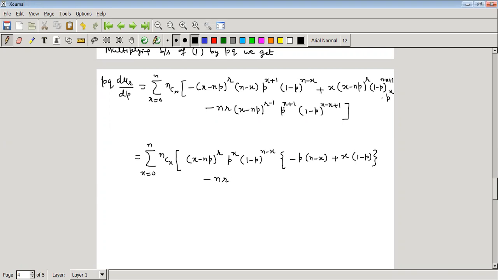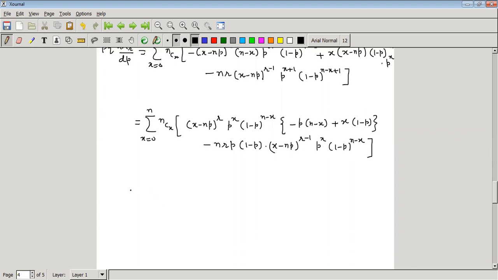We can split p to power x plus 1 as p to power x into p, and (1 minus p) to power n minus x plus 1 as (1 minus p) to power n minus x into (1 minus p). So we can write (1 minus p) here into (x minus np) to power r minus 1 into p to power x into (1 minus p) to power n minus x. So we can write this.